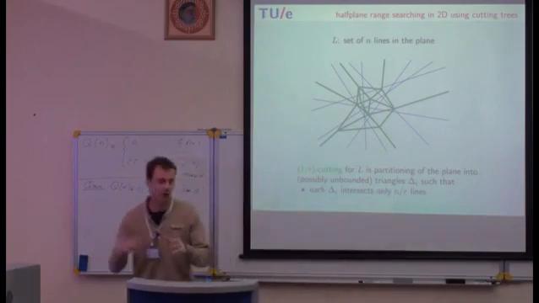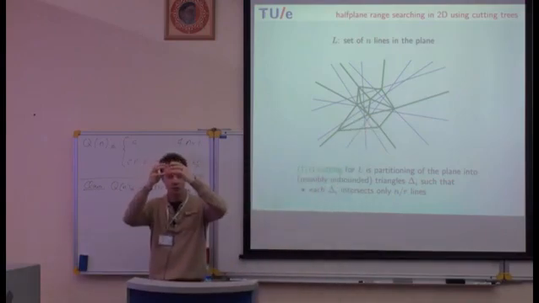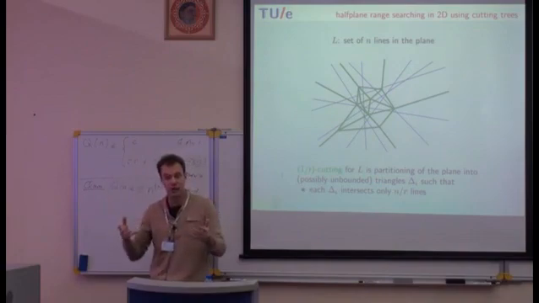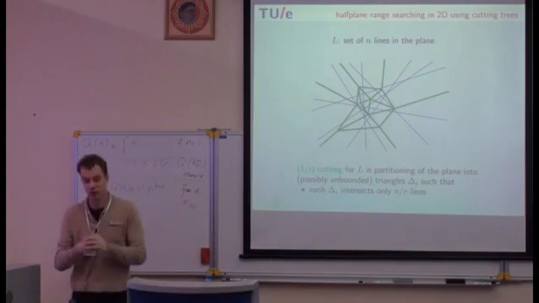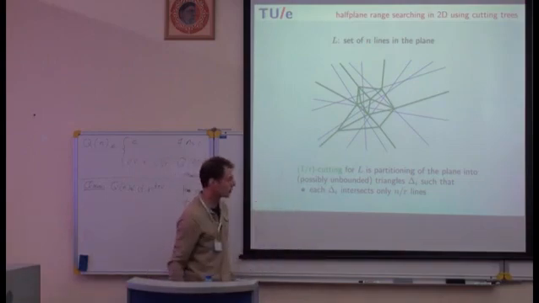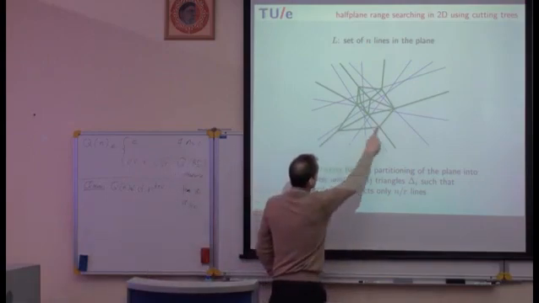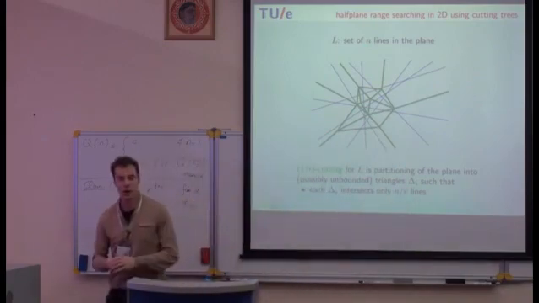Okay, so you can imagine if these green triangles, if you make them really small, then each triangle is intersected by only maybe 2 or 3 lines or something. But if you make them really small, you need lots and lots of triangles. Okay? And so here what I want is to guarantee that each triangle is intersected by only n divided by r lines.